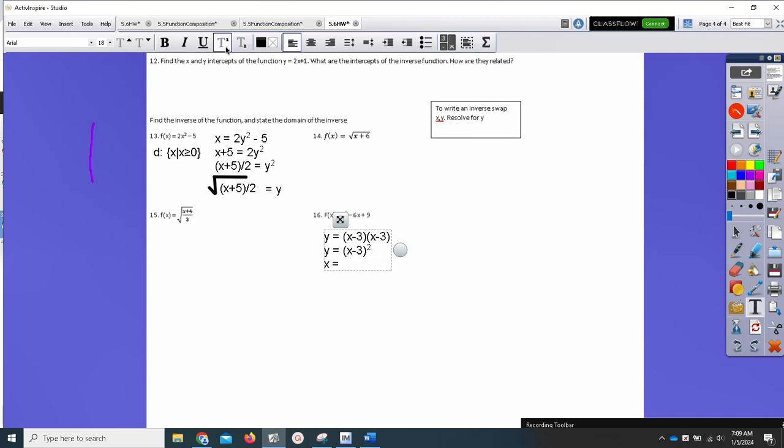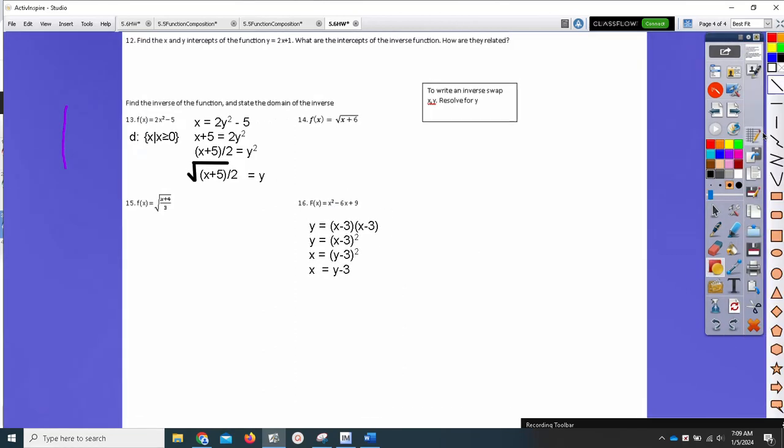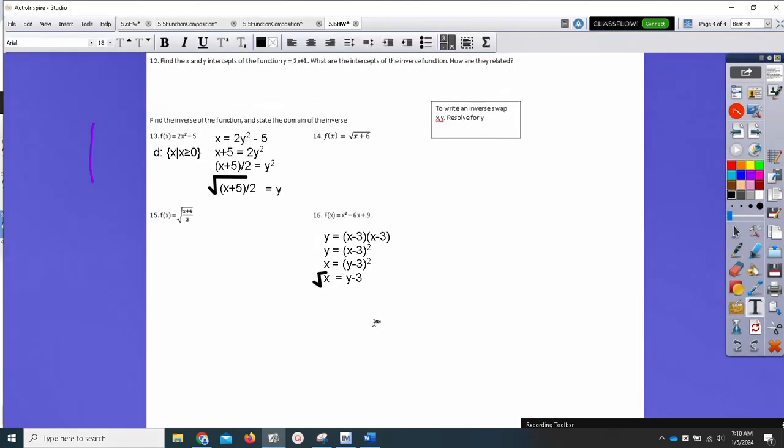So let's swap the x and y. We'll resolve. We counteract the square right here by a square root. Let me put that little symbol there. And then I add 3.